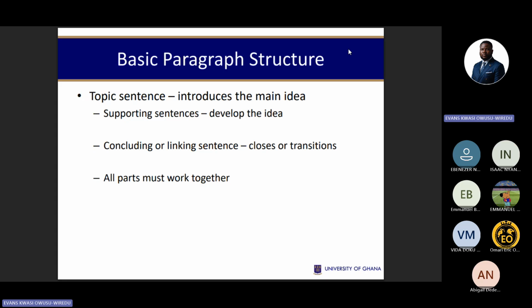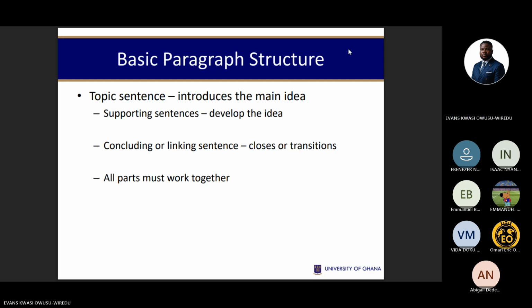Okay, so yeah, concluding or linking sentences. They are ones that help us to end our sentences. So when you hear these sentences, you know that something is coming to an end, or we are about to begin another one. You see?